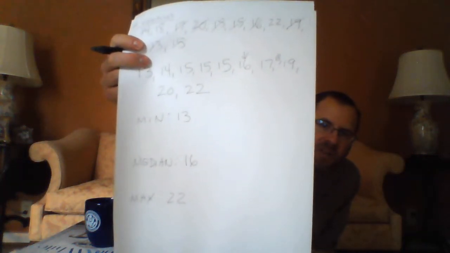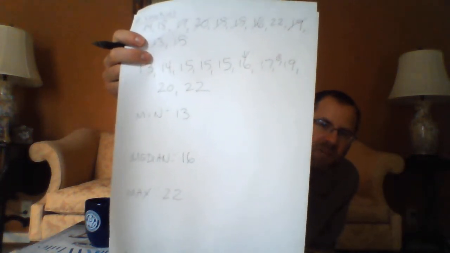I missed an 18 when I was writing these out. So the 6th number has 5 below it, 5 above it. And so that is our median. When we put the numbers all in order, the one that is right in the middle, equal number of observations above and below, that's our median. I drew a little arrow above it.